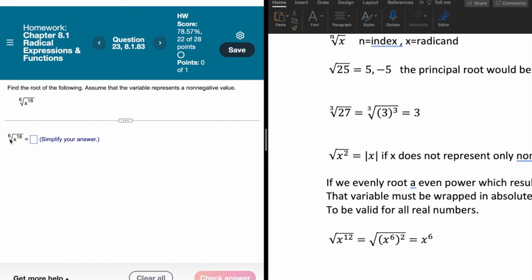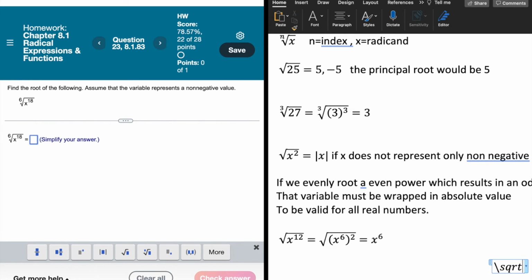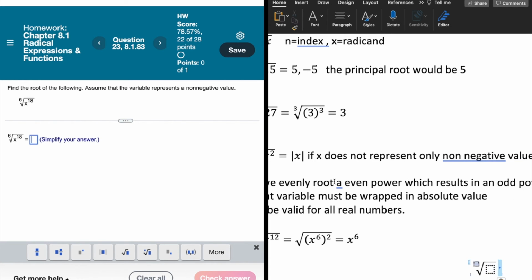All right. Now I have an x to the 18th power, with a 6th root. So the question is, again, how can I, in this case, not square root, I do need that nth root.